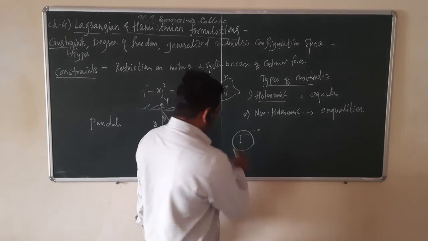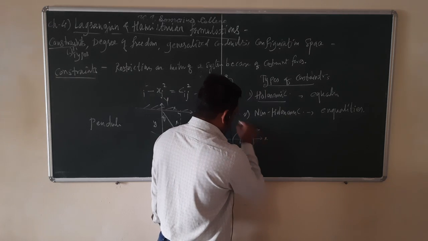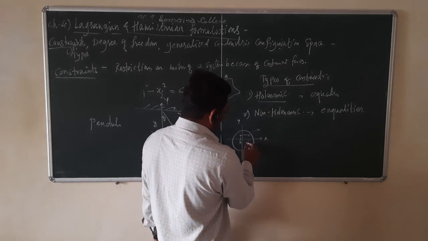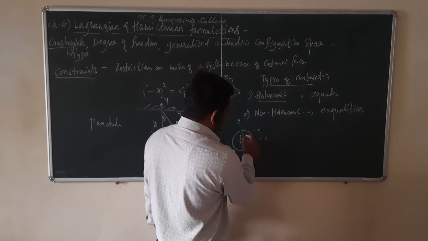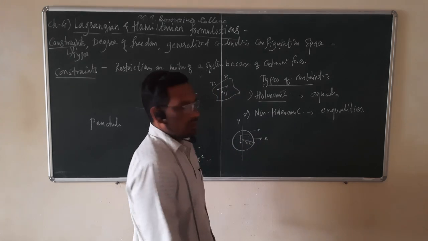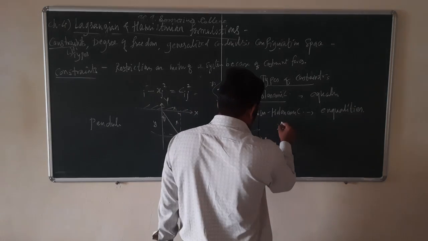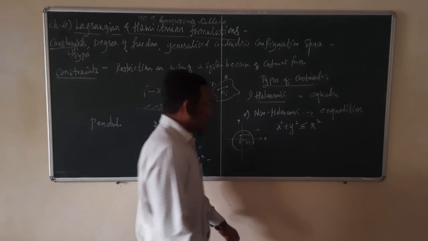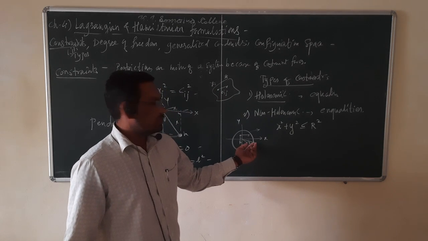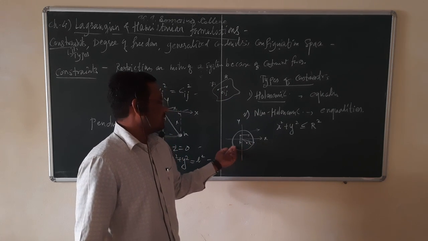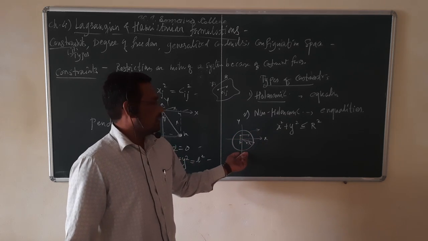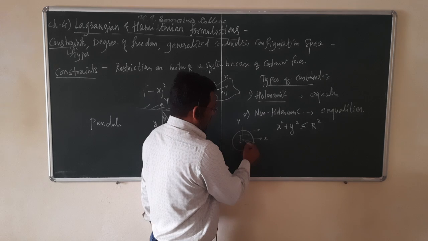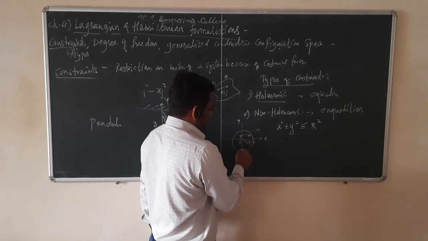How are the constraint equations represented? Suppose the particle is over here, suppose r is the radius of the circle, then we can say x square plus y square is less than or equal to r square. If that is equal to r square, we can say that the particle is on the circle. If that is less than r square, then the particle is inside the circle.